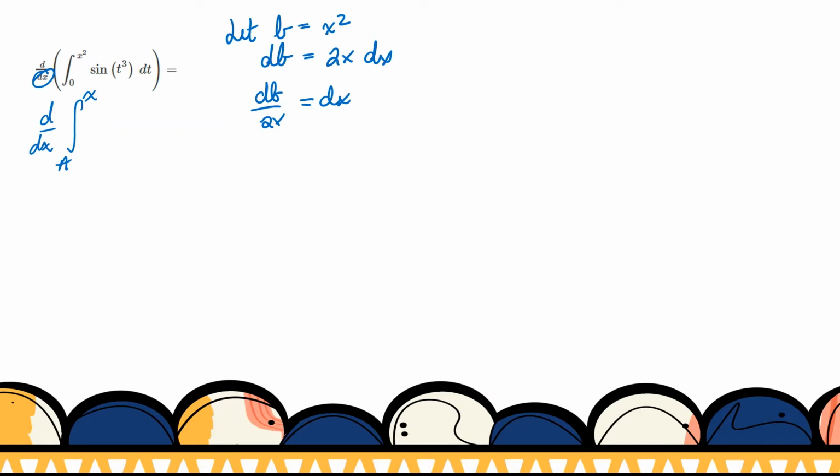So what I'm going to do now is write this as 1 over dx is equal to 2x over db, just in case you find the other notation to be confusing. And then I can rewrite this whole problem.